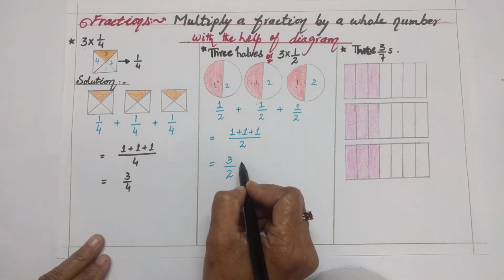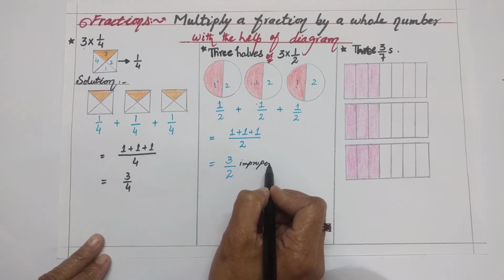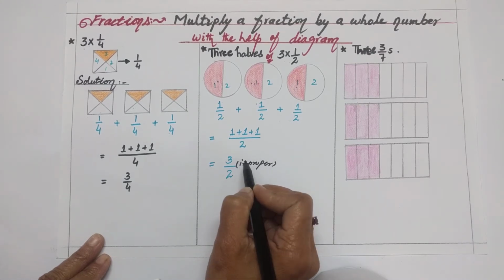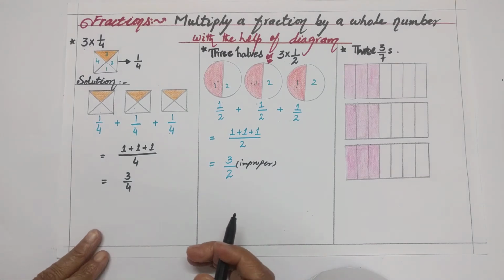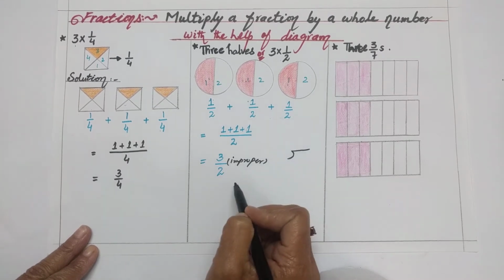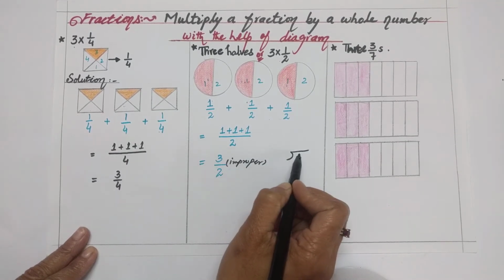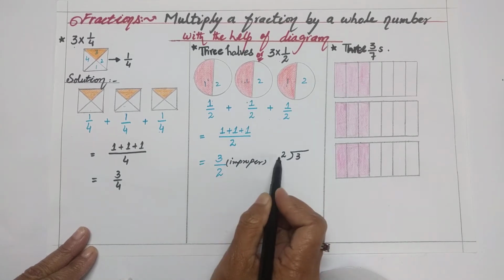And what is the method when we get the improper fraction? Yes, when we get the improper fraction, we have to convert it into a mixed fraction. So how can we convert it into a mixed fraction? By the division method. 3, the numerator, is the dividend and the denominator is the divisor.